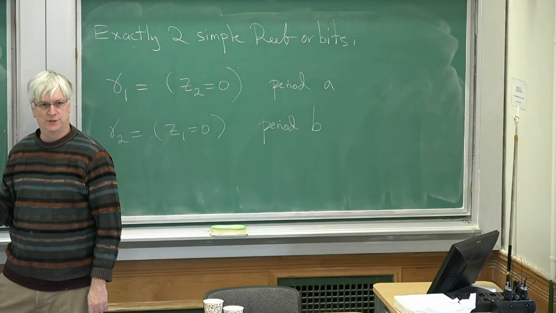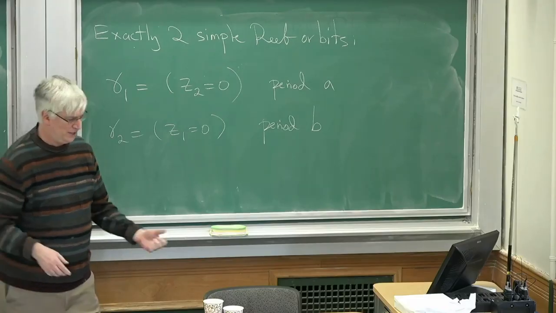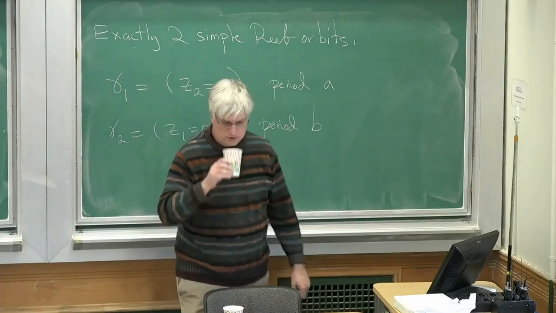It's just like the torus example earlier. So that's it, the only two simple orbits.